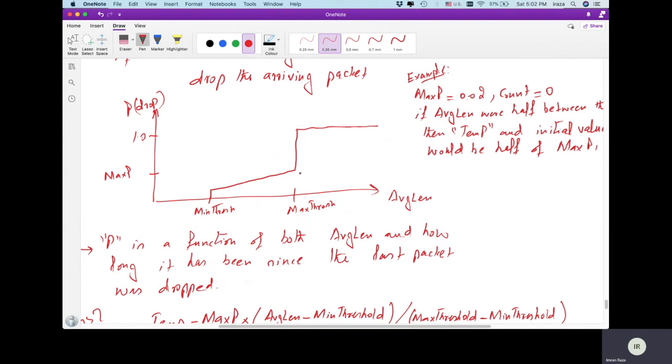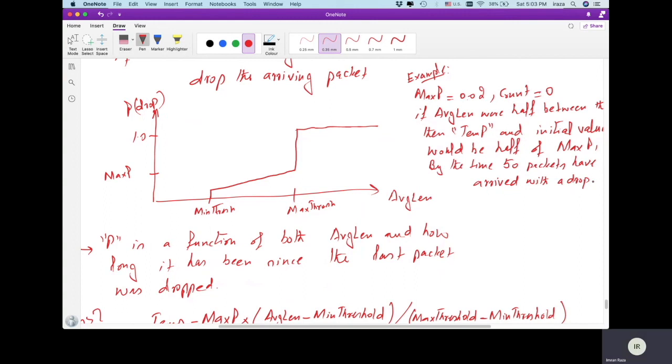And let's assume that by the time 50 packets have arrived without a drop, P would have reached 0.2.